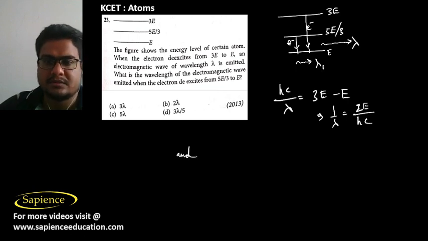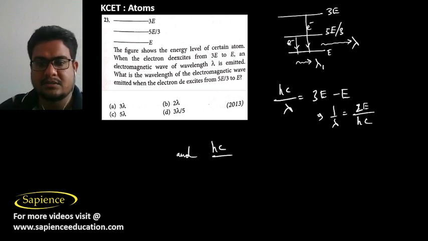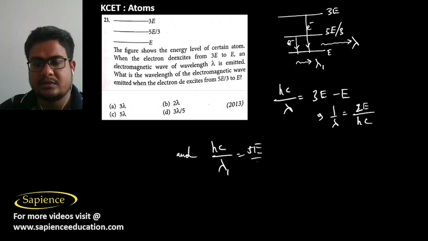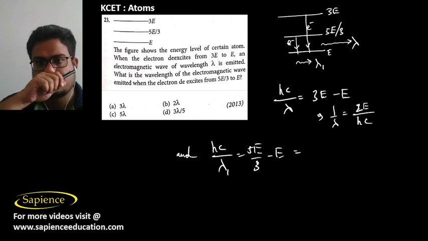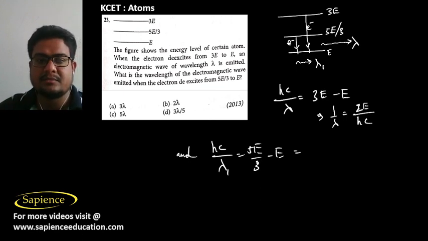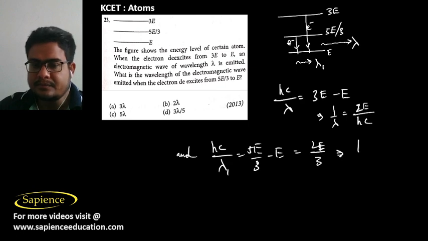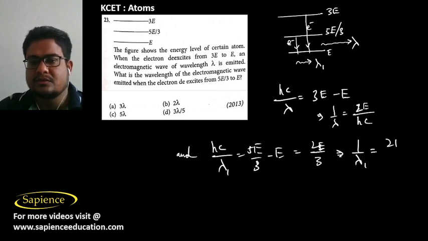And similarly, hc by lambda 1 is equal to the energy 5E by 3 minus E, so that is equal to 2E by 3. Therefore 1 by lambda 1 is equal to 2E by 3hc.